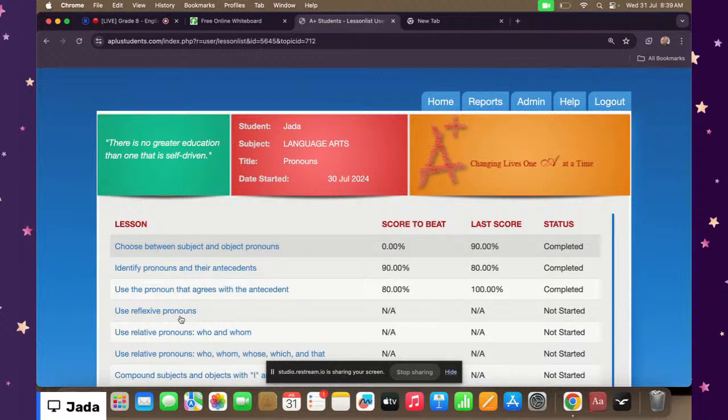You can ask me if you have any questions before we finish. Any questions? Feel free to ask whatever you have. We'll continue from the use of reflexive pronouns in the next lesson.